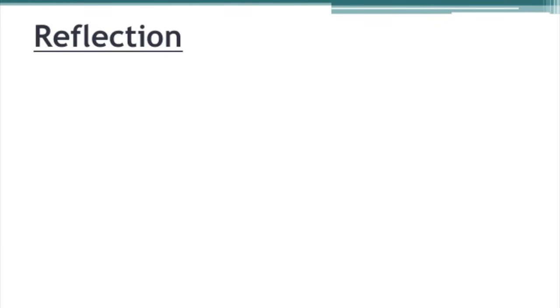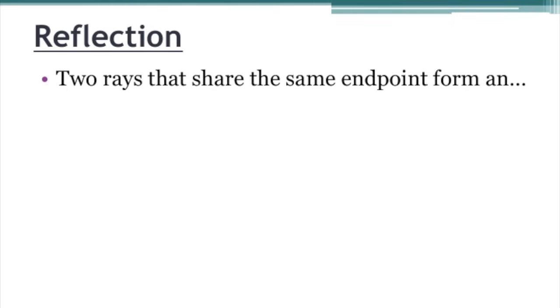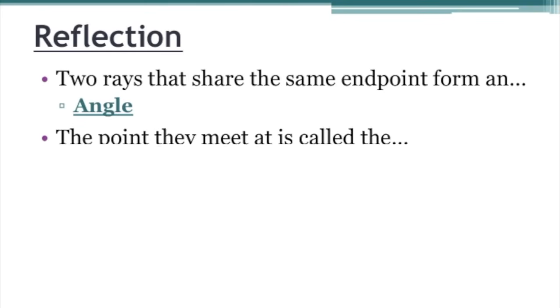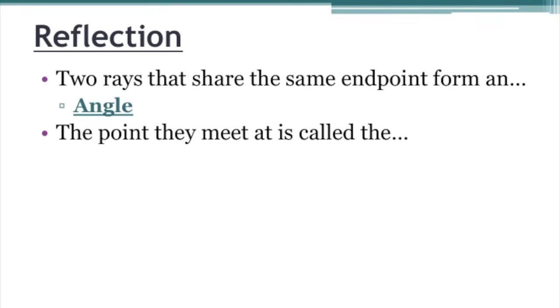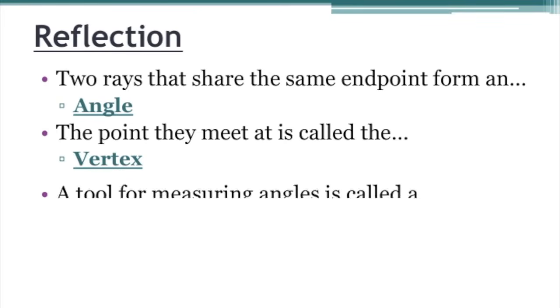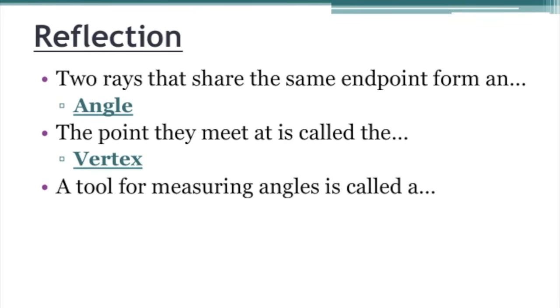So what did we learn from this lesson? Two rays that share the same endpoint form an angle. The point they meet at is called the vertex. A tool for measuring angles is called a protractor.